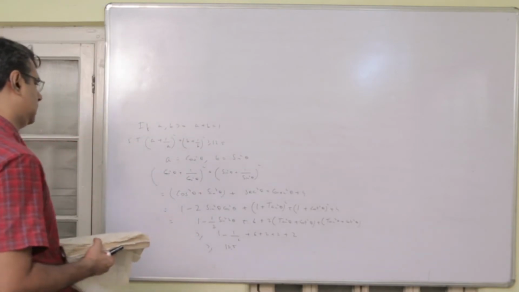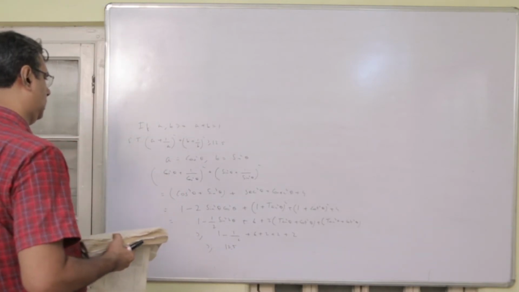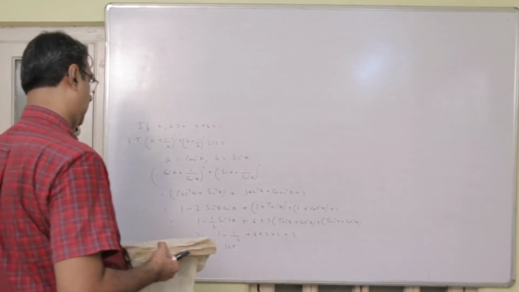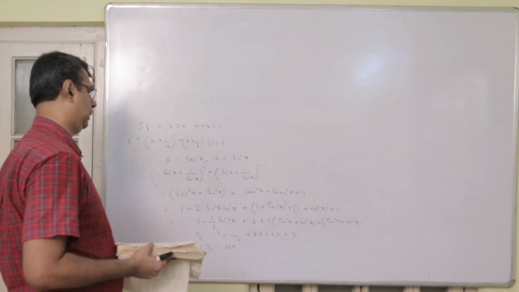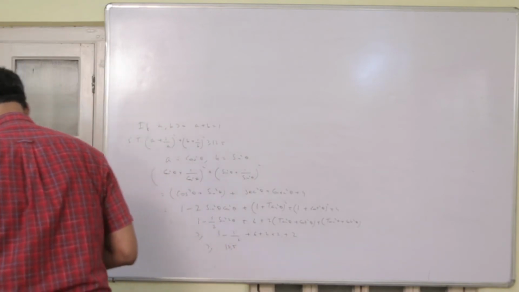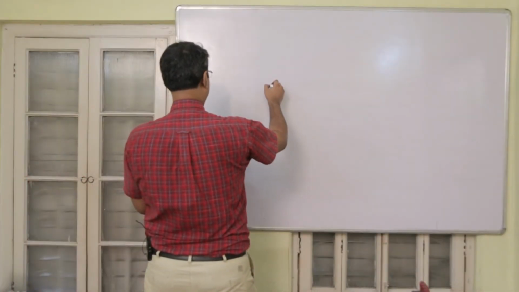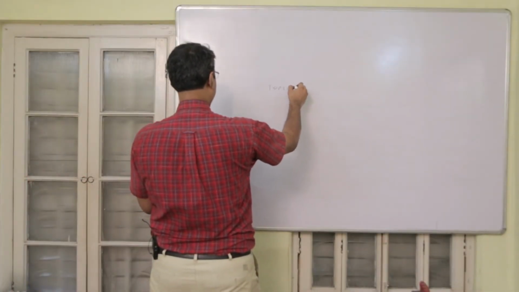So this is the topic number 1 of this chapter, and this is how we apply AM-GM-HM inequality. Now we come to topic number 2.